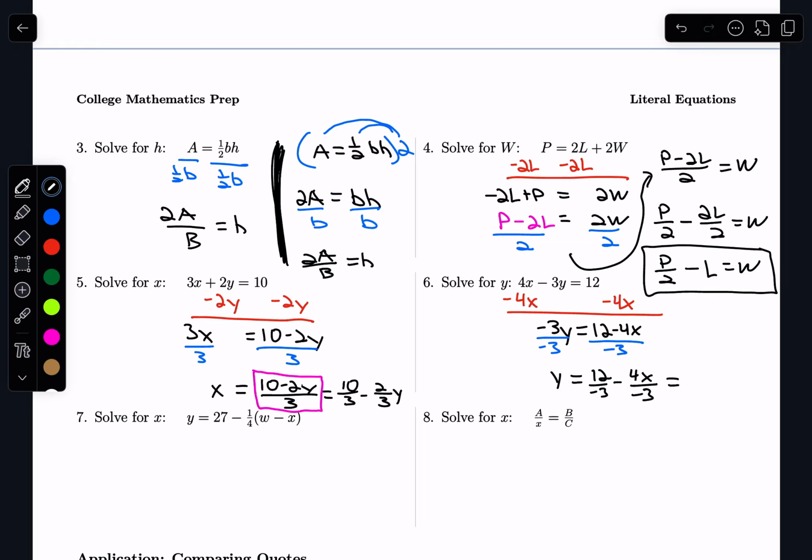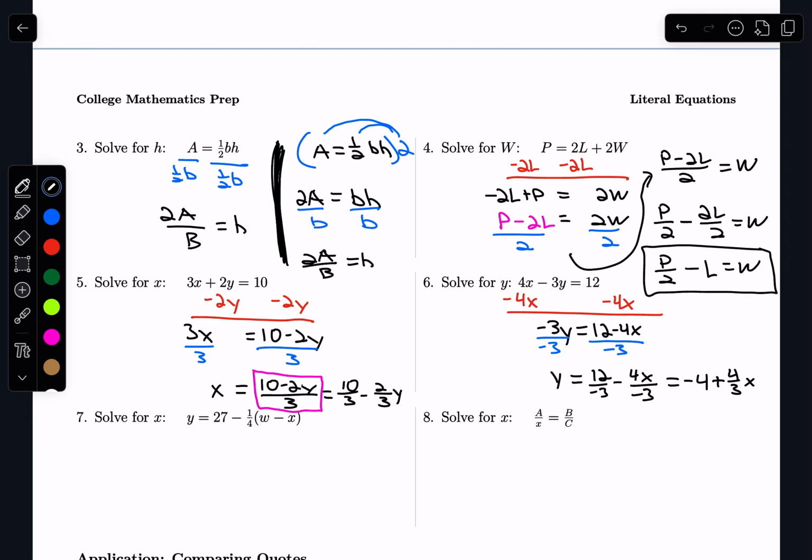But when I simplify this now, 12 over -3 is just -4. And then for the second term, we have a negative and a negative on bottom. So -4x is technically on top, -3 is on bottom. Those are going to cancel each other out to make a positive 4 over 3x. Okay, where that 4/3 is next to the x.